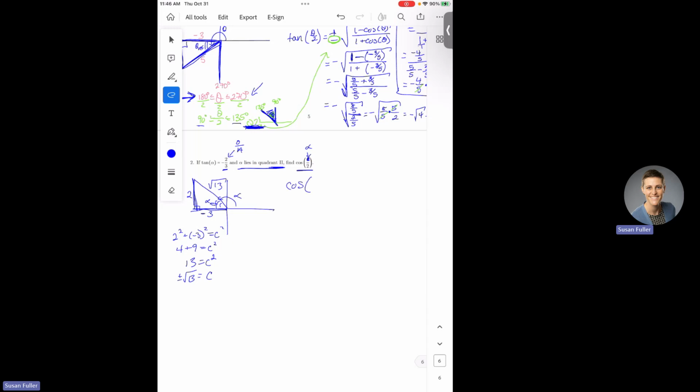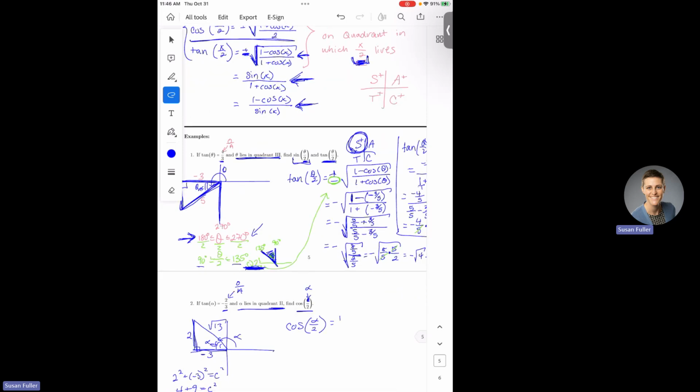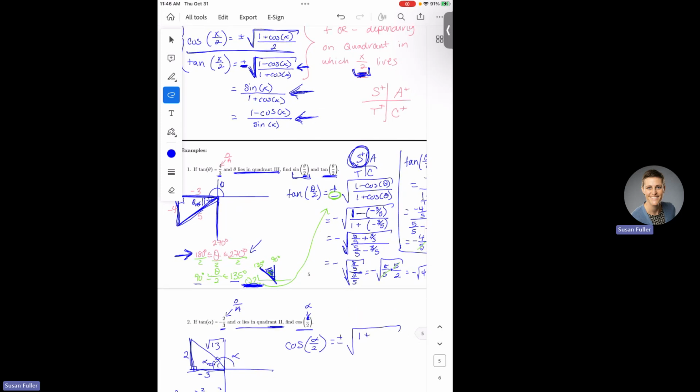I need to find the cosine of alpha over 2. So we can come up here and grab my formula here. It's going to be plus or minus the square root of 1 plus cosine of alpha all over 2. And that whole thing is underneath the radical.